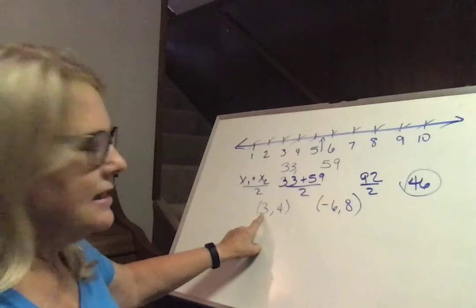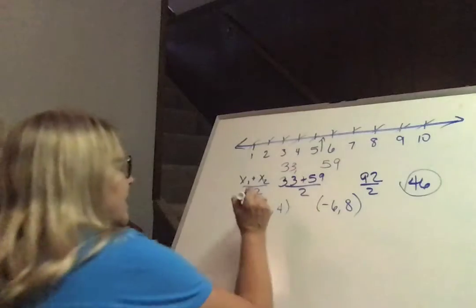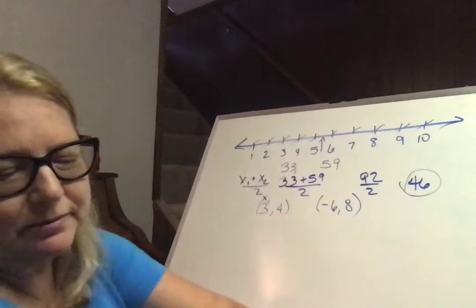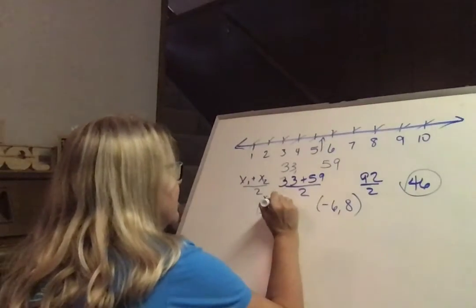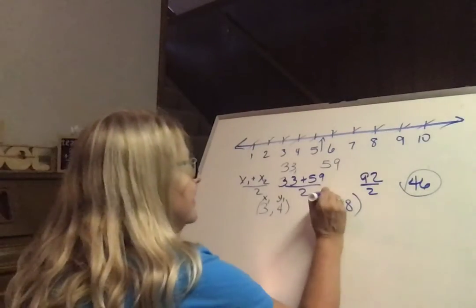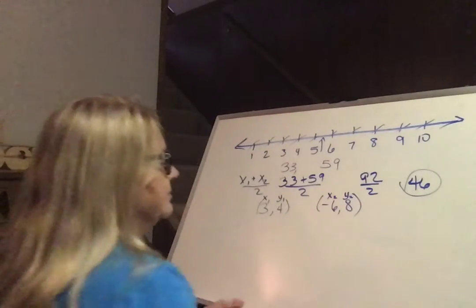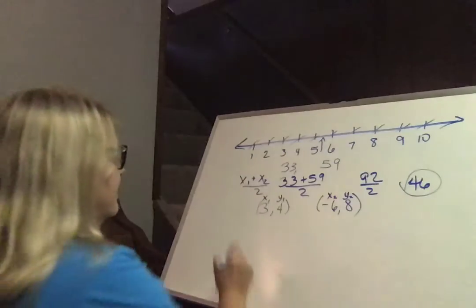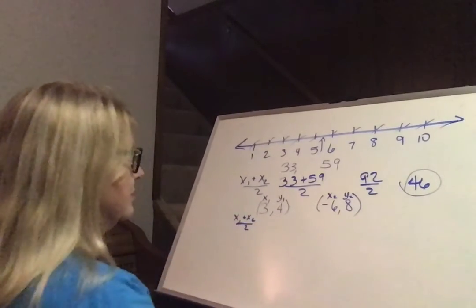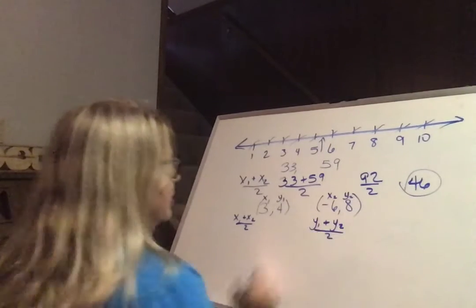Each coordinate is an x, y: the first x, the first y, the second x, the second y. So we would do the first x plus the second x divided by 2, but we'd also do the first y plus the second y divided by 2.